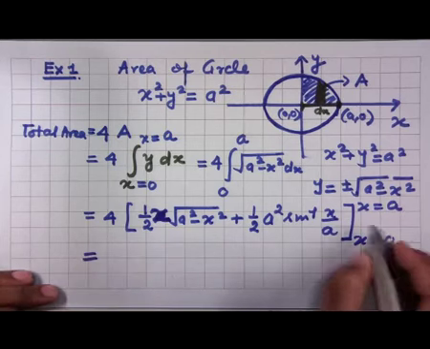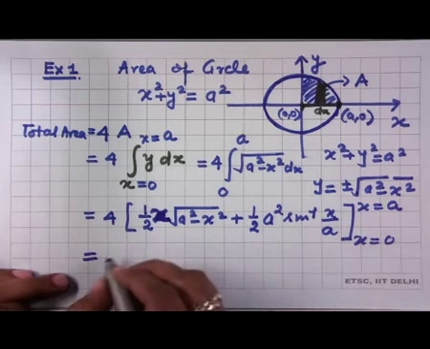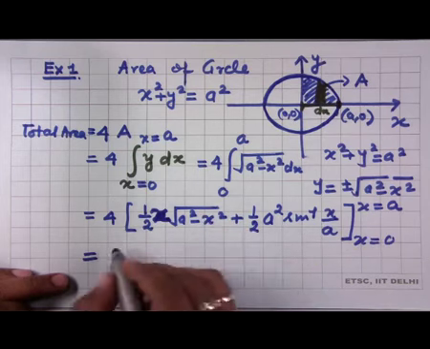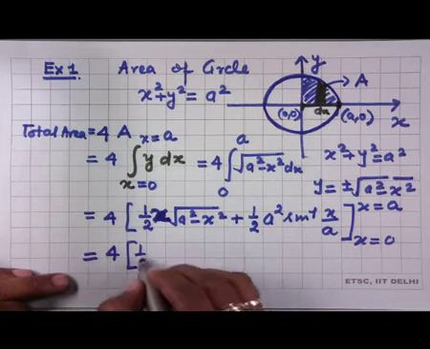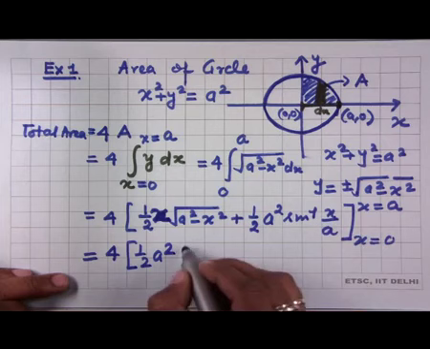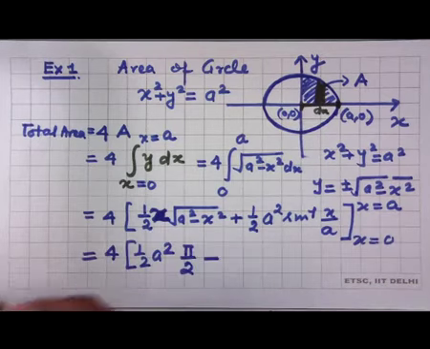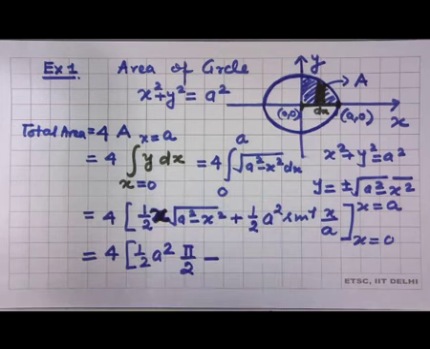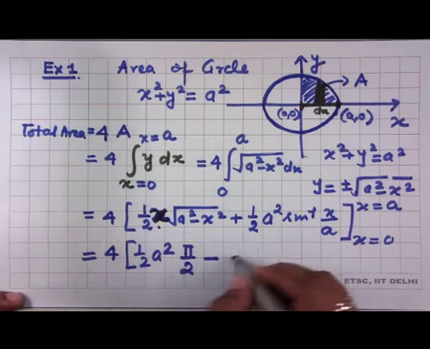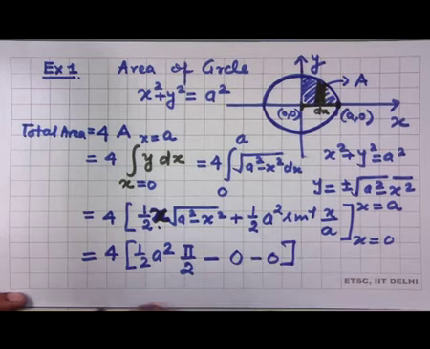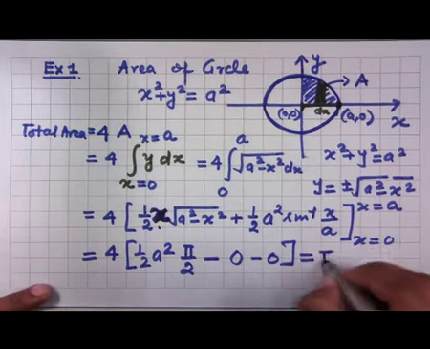Now put the values of upper and lower limits. At a, this will be 0 because of this term, and this term will give you 1 by 2 a square sine inverse 1 which is pi by 2, minus at 0, this is x, so at 0 it will be 0, and sine inverse 0 will be 0. So the final answer is pi a square.